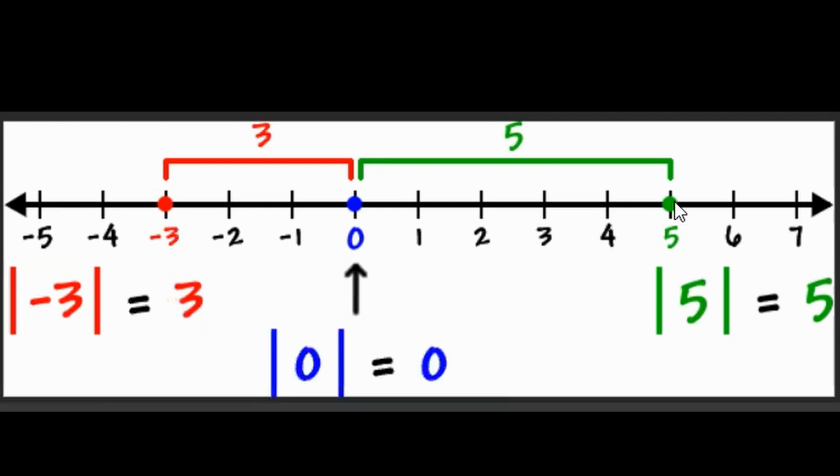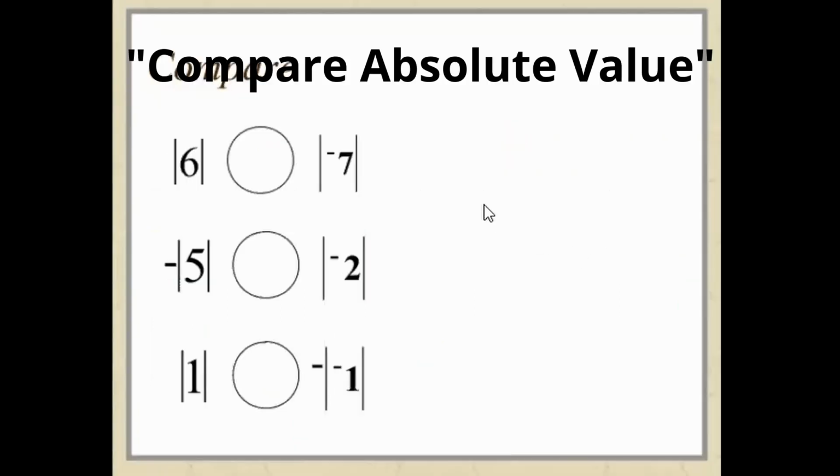And so let's look at a couple of examples. Here we have the absolute value of 6 and negative 7. We want to compare which one is greater. Well, the absolute value of negative 7 is just 7. So that one's greater than 6. Here we have the negative absolute value of 5 and the absolute value of 2.